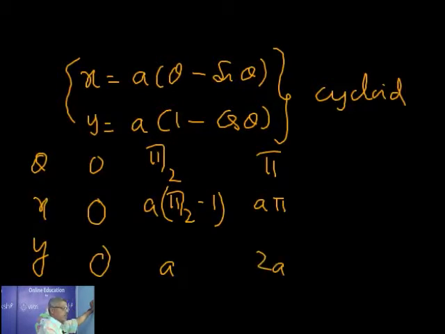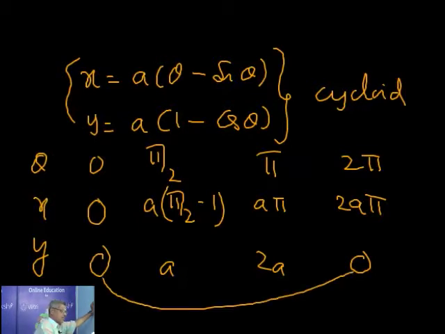When theta is 2 pi, sin 2 pi is 0, you get 2a pi; cos 2 pi is 1, 1 minus 1 is 0. So starting with y 0, we get again y 0 when theta varies from 0 to 2 pi. That shows we are getting a beautiful curve.